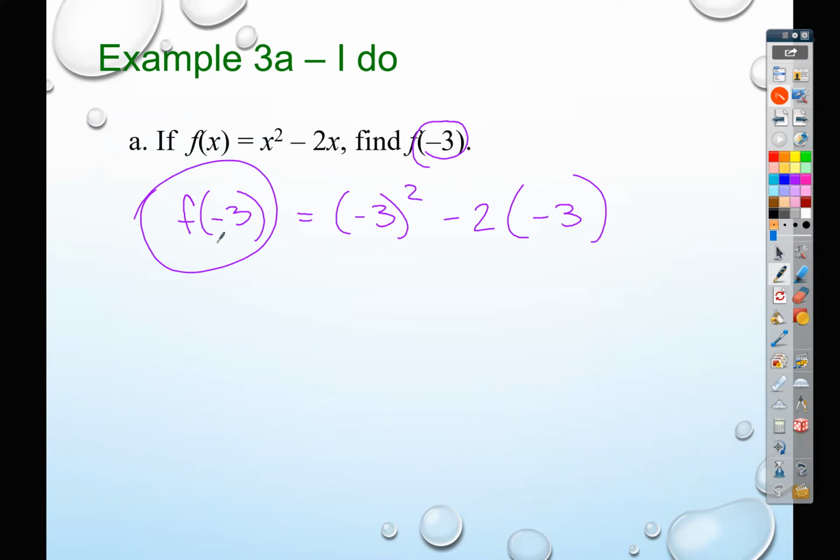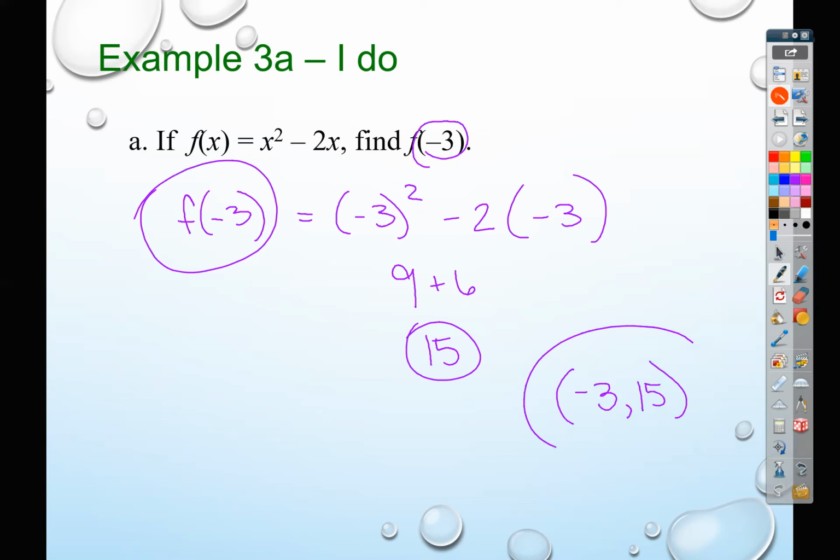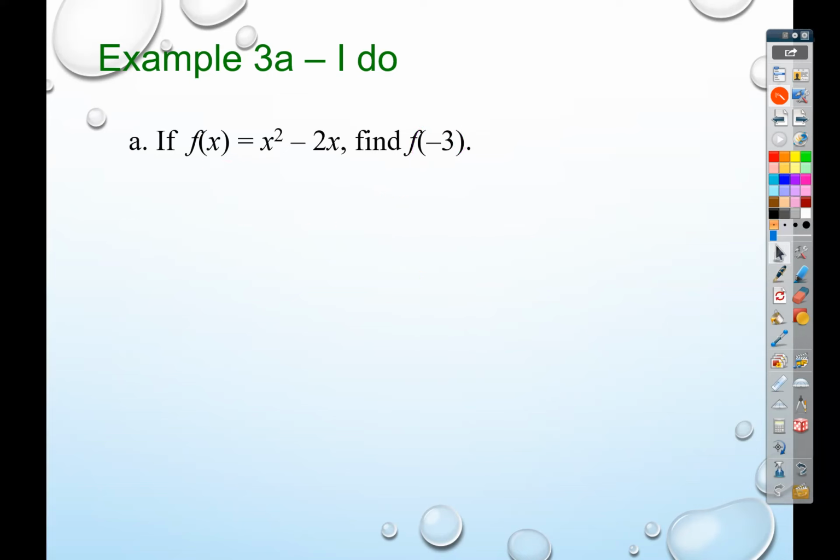You don't actually do any math with that. So -3 squared is a +9, and -2 times -3 is 6. So 9 plus 6 is 15. So the coordinate then would be, all right, if x equals -3, y equals 15. So that would be your final answer.